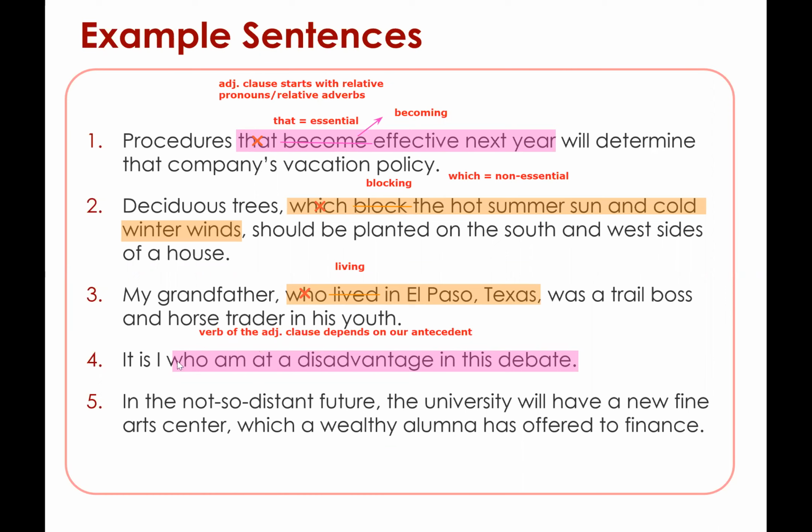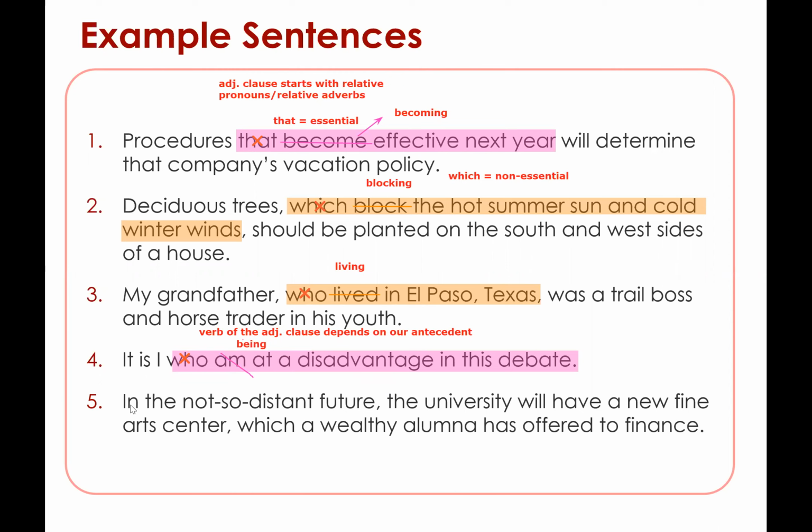But again, we cross out the who and we change the am to active, right? Which is being, all right? So it is I being at a disadvantage in this debate. Although it is true that we often prefer not using being. Sometimes it's considered fluff, meaning it doesn't add much meaning or context to the sentence.